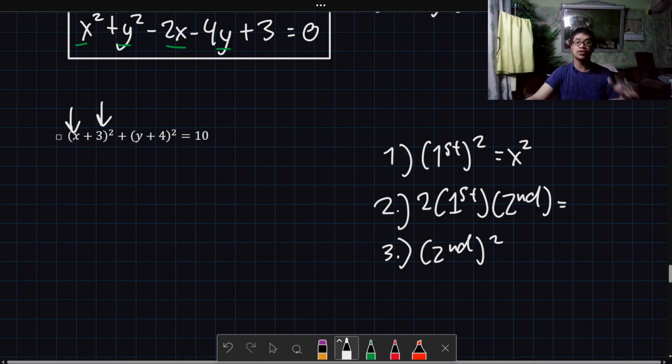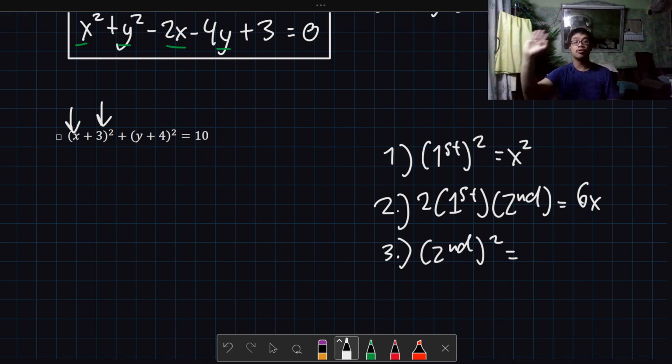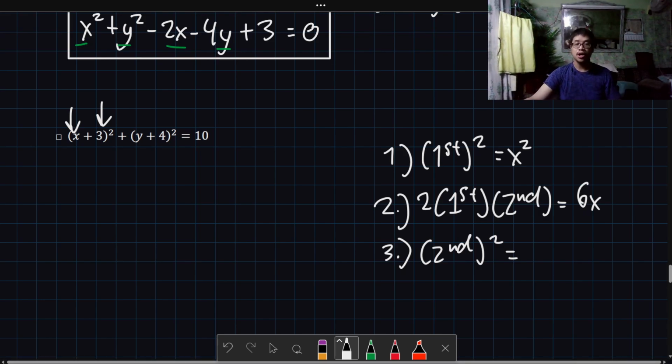So you will have 2 times x times 3, which is 6x. And lastly, you square the second term, so you will get 9 because 3 squared is 9. So here you will have x squared plus 6x plus 9.